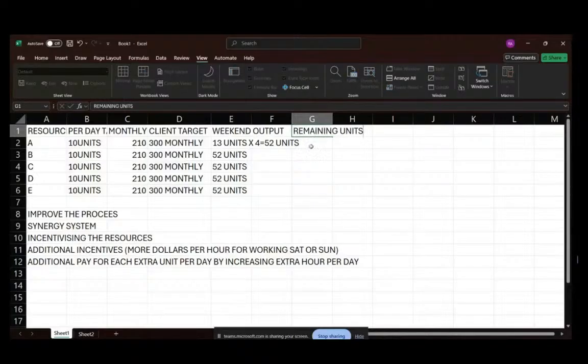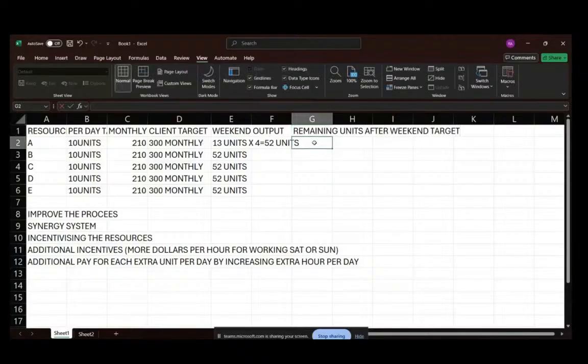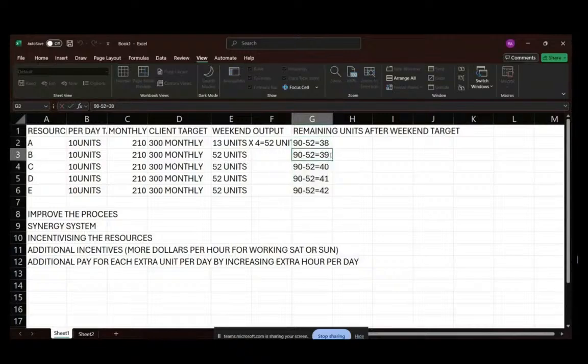Now, corresponding to A, write down the number 10. Write down 10 units. Now, drag it down, 10 units for each of them. I think it will become 20, 30. Okay, that's fine.